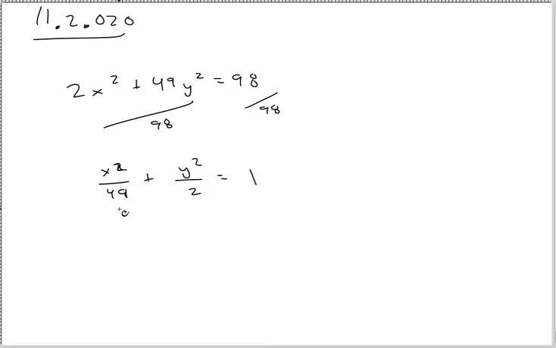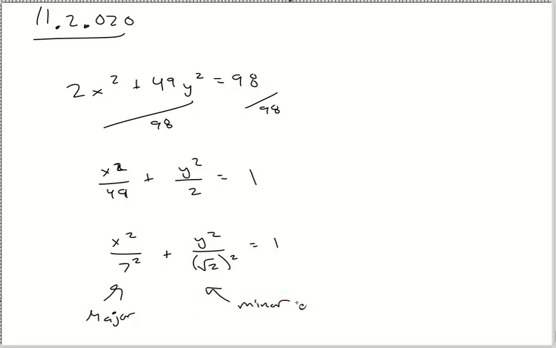What's interesting here is that when I square root them, I got a 7 squared. And what do you get here? Well, you get the square root of 2 squared. Sometimes you're going to get something funny like that, but that's okay. That's your major, much bigger than this guy. And this is your minor.